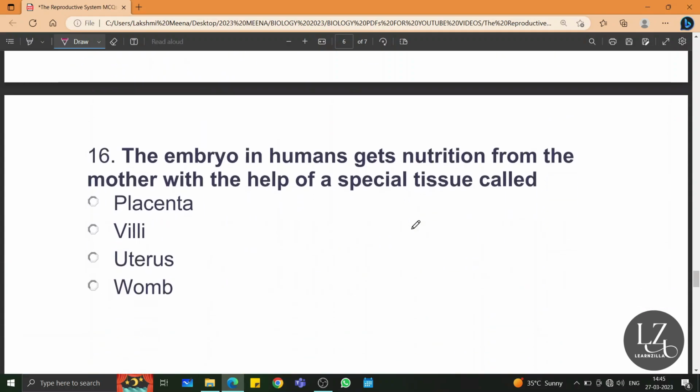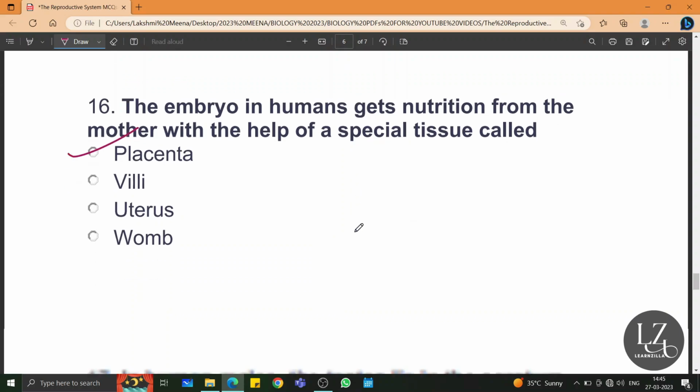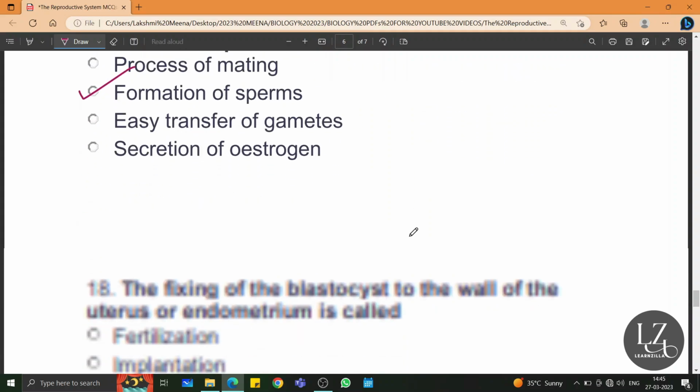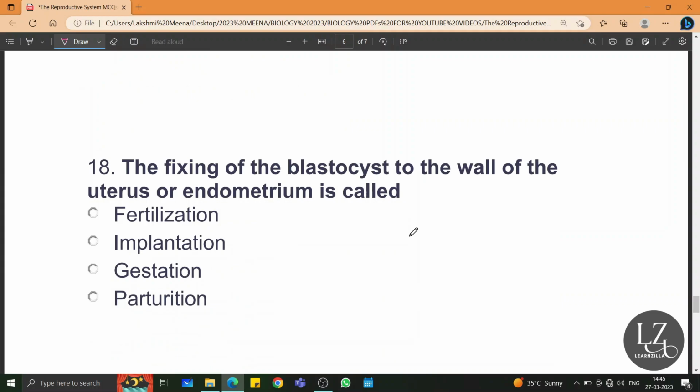The embryo in humans gets nutrition from the mother with the help of a special tissue called placenta. In human males, the testes lie in the scrotum because it helps in the formation of sperms. The fixing of the blastocyst to the wall of the uterus or endometrium is called as implantation.